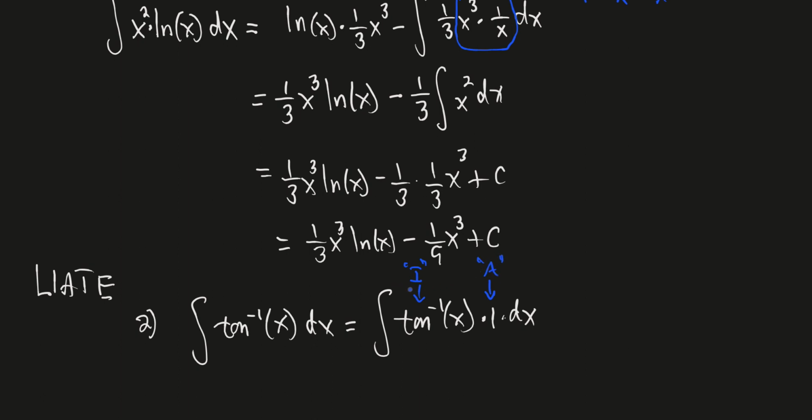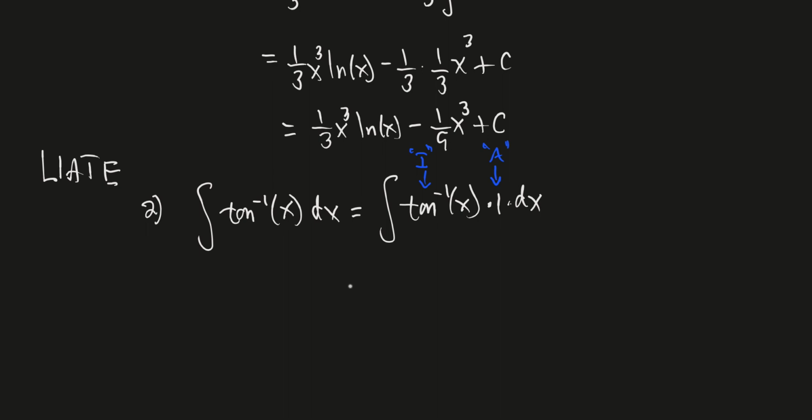And by the guidance given by LIATE, our u is going to be arctangent, right? So let's write that down. So u is going to be arctangent of x. And then by default, everything else is dv, right? So we'll have that dv is 1 dx, or just dx, right?